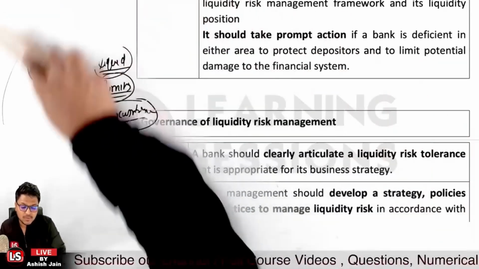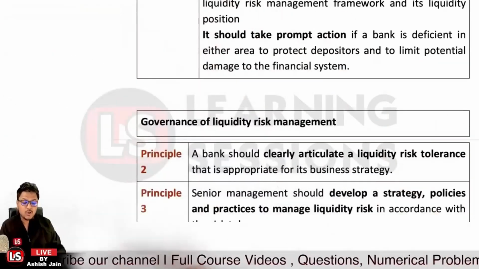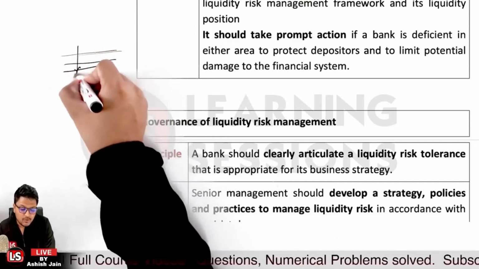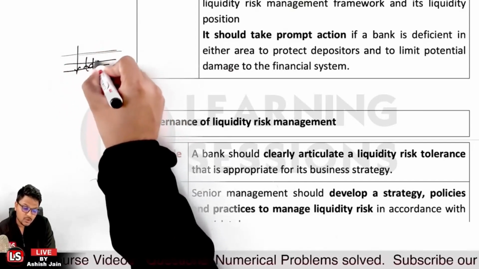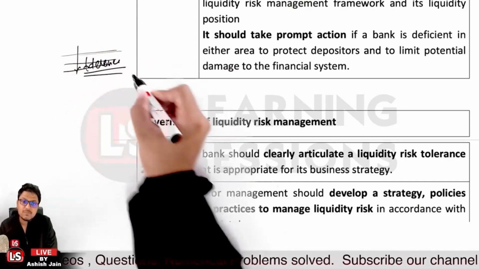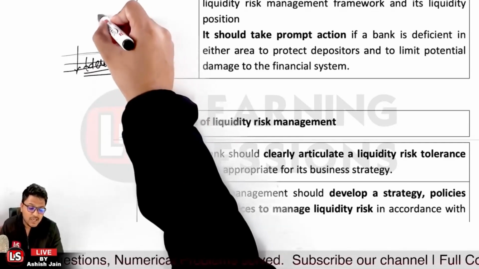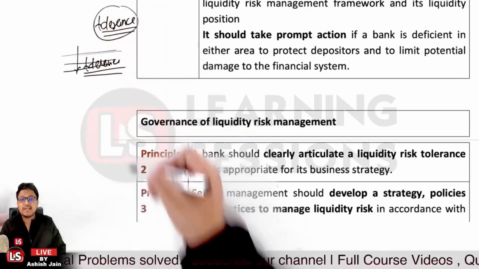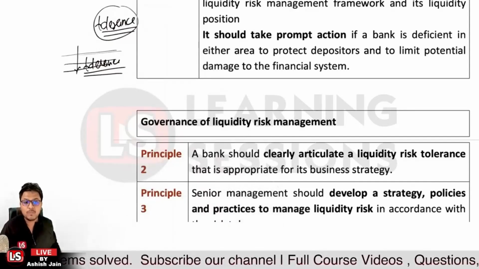Let's say the bank can work in a lower liquidity environment and is habituated to it, then the liquidity tolerance limits must be fixed in that manner. But if the bank needs very high liquidity, the tolerance limits must be fixed accordingly. So that's principle 2.